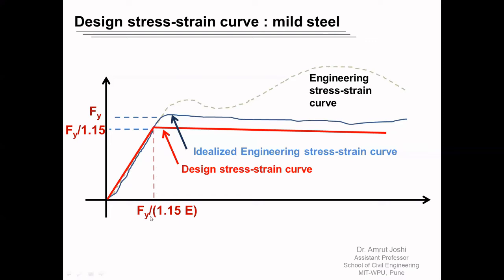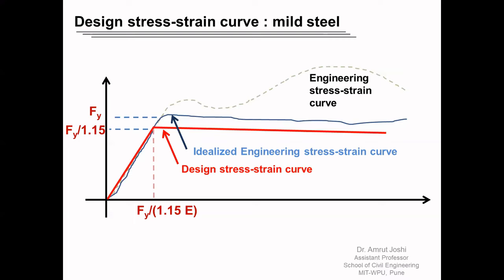Obviously, its yield strain is going to be Fy upon 1.15 Es. Mind you, on the x-axis we are plotting strain and on the y-axis we are plotting stress. I have not explicitly shown or mentioned that, but traditionally we plot strain on the x-axis and stress on the y-axis.